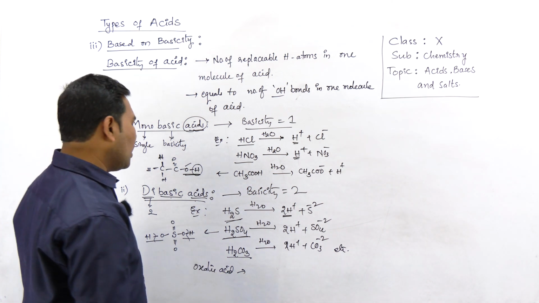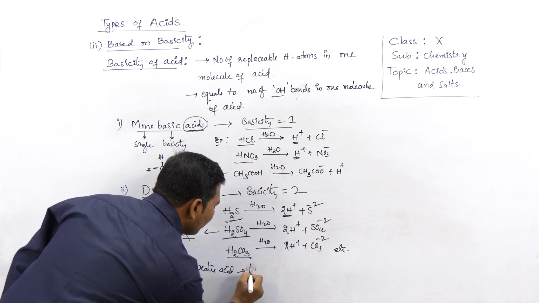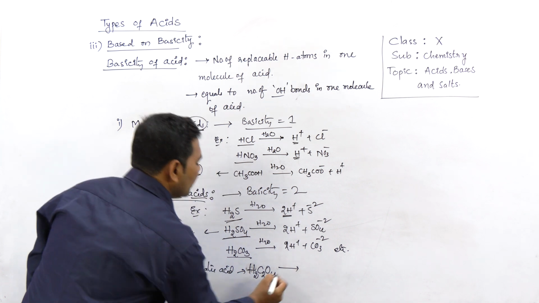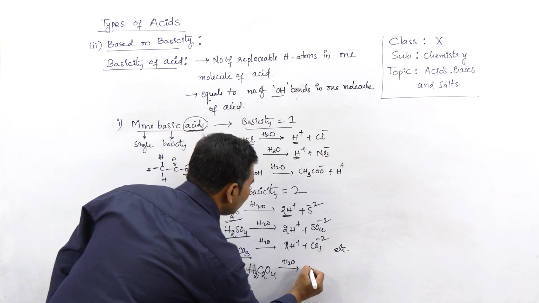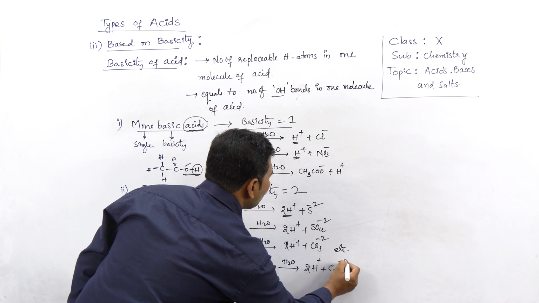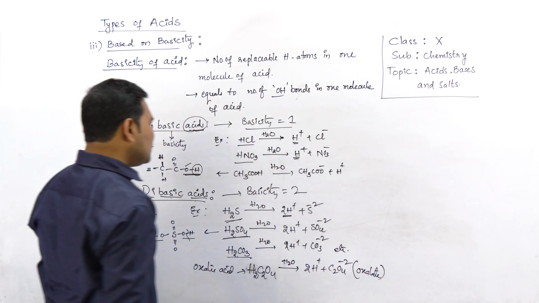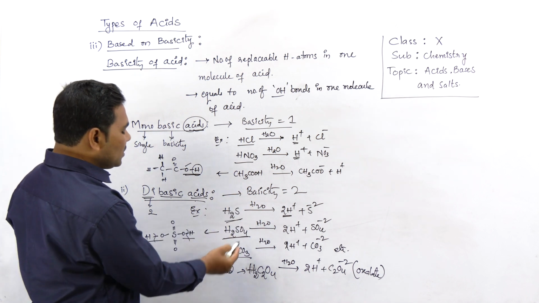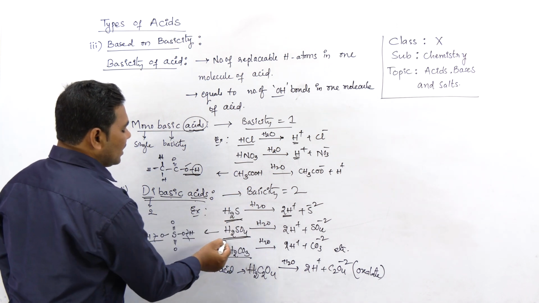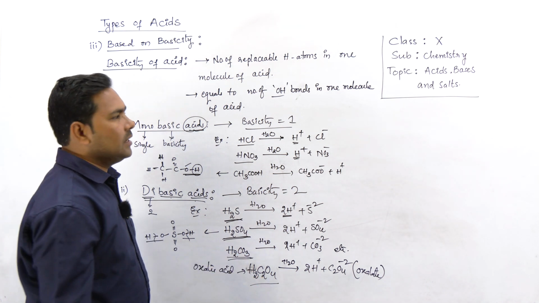So it is an organic acid and its formula is H2C2O4. In water, it produces 2H plus ions and also the oxalate ion. These are a few examples of dibasic acids: hydrogen sulfide, sulfuric acid, carbonic acid, and oxalic acid.